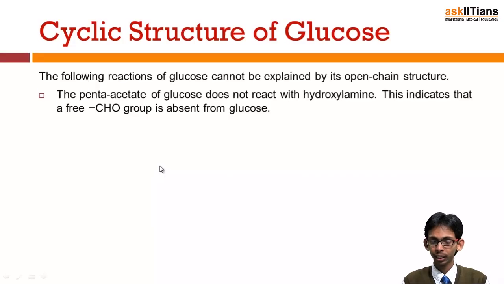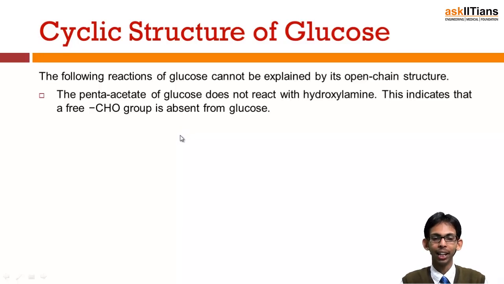So let's start. Actually, there are some reactions of glucose which are not explained by its open chain structure. Just like pentacetate of glucose does not react with hydroxylamine, but actually it must react with hydroxylamine as there is a free aldehyde group. But it does not react with hydroxylamine.